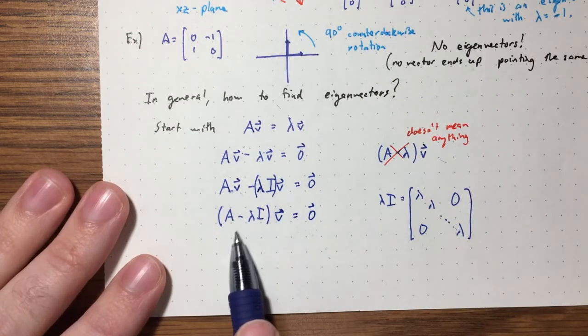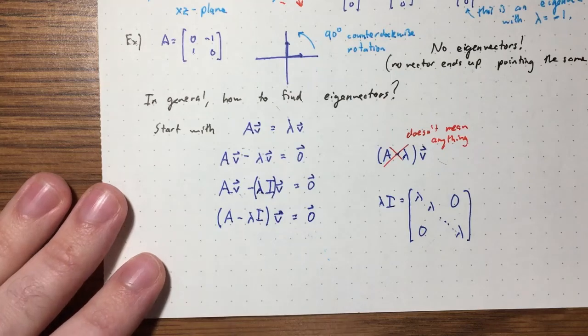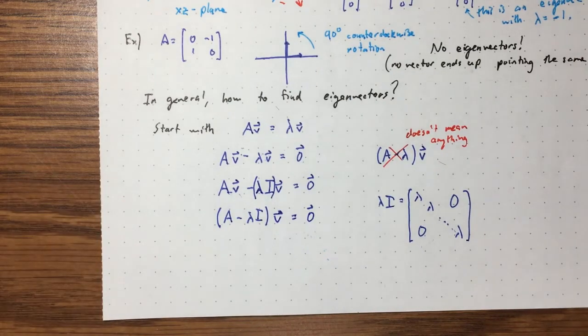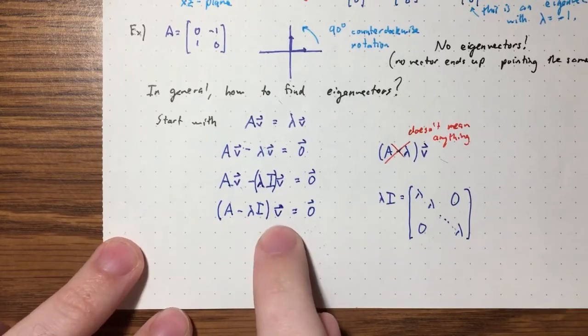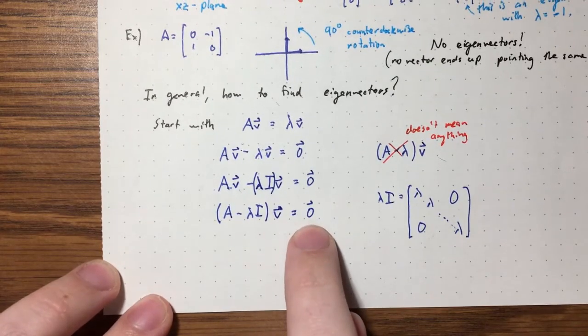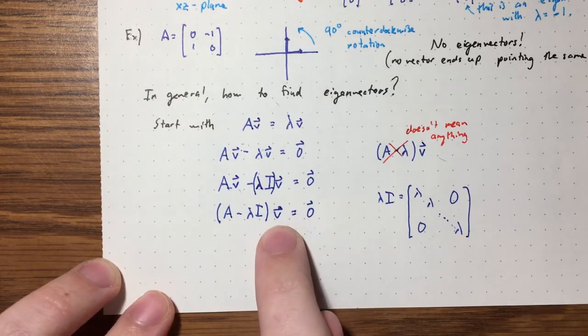So I basically subtract off lambda from the diagonal elements of A. I get this new matrix. Well, let's just look at this equation, right? I have some matrix times a vector is 0. That V is going to be the eigenvector.